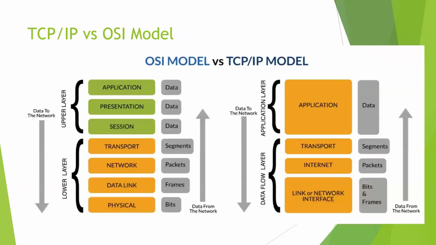If we map that into the OSI model, this is how they line up. You've got the IP side on the right: the link layer encompasses both the physical and data link layer in the OSI stack. The internet layer encompasses the network layer. The transport layer encompasses the transport layer.